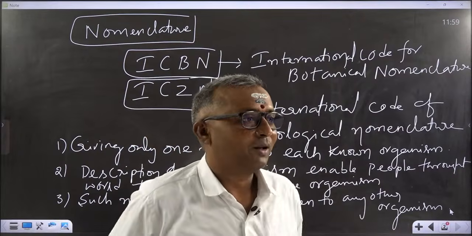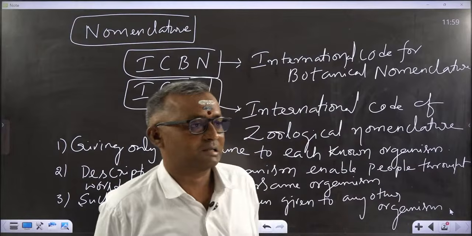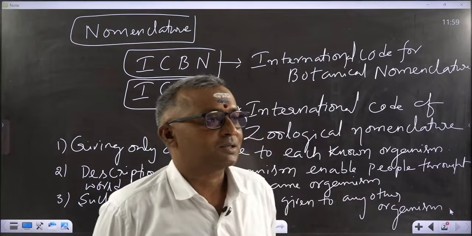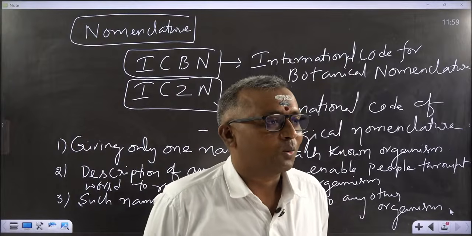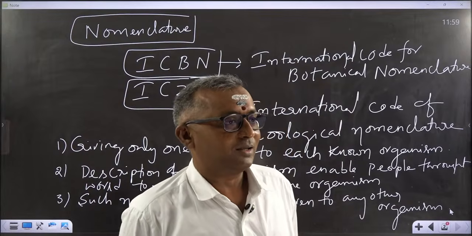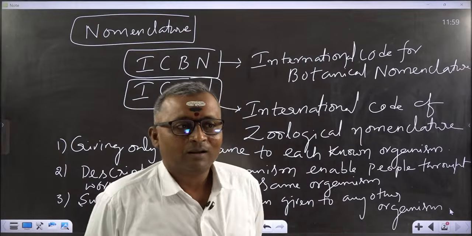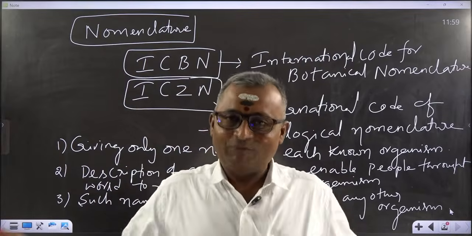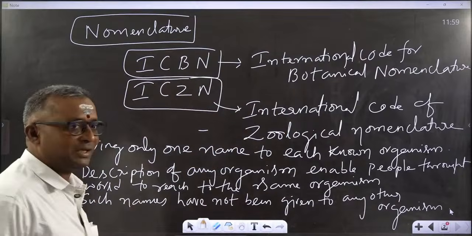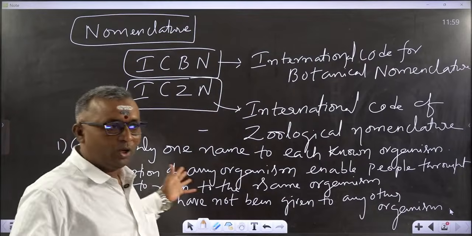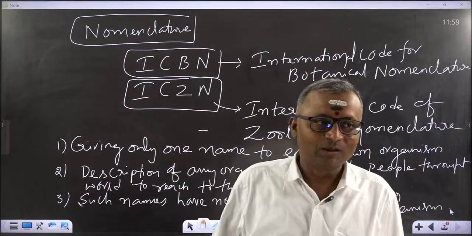It is right. I think she is Krishna Kumari. So she is saying very correctly, like to avoid confusion. Like if you give more than one name, that gives confusion.